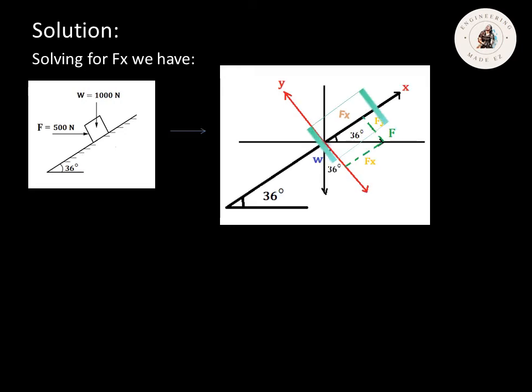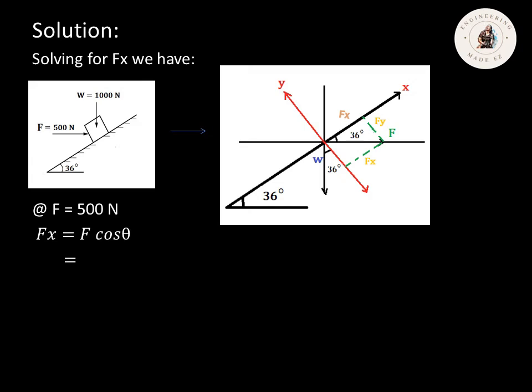Solving for our Fx, as you can see, Fx is at the adjacent side of our angle. That's why we're going to use cosine theta. That's why we have Fx is equal to F multiplied by cosine theta. Take note that our F here is equivalent to 500 Newton and our theta is equivalent to 36 degrees.